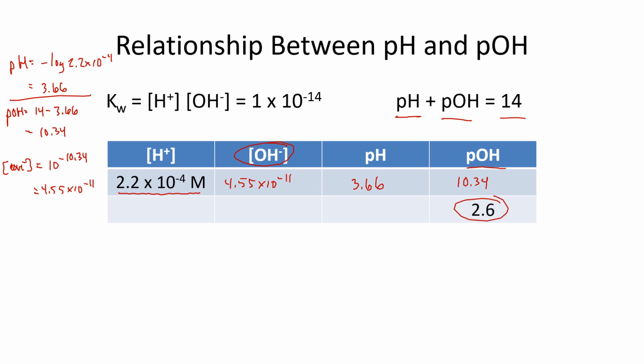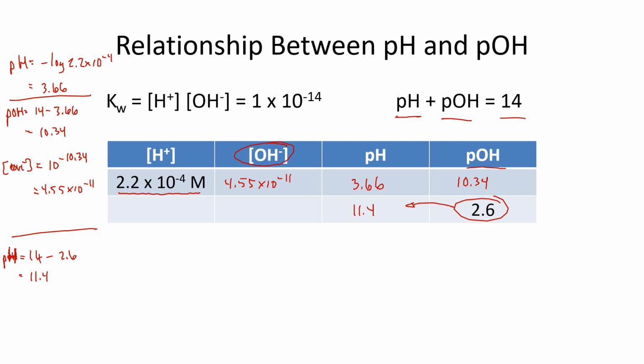Now, the reverse. Over here, we've got ourselves a pOH value. And so it's pretty easy to get the pH from that one. So we'll say 14 minus 2.6 for our pOH. Sorry, that was the pOH. We want to get the pH. And that comes out to be 11.4. So really basic, 11.4 is the pH.